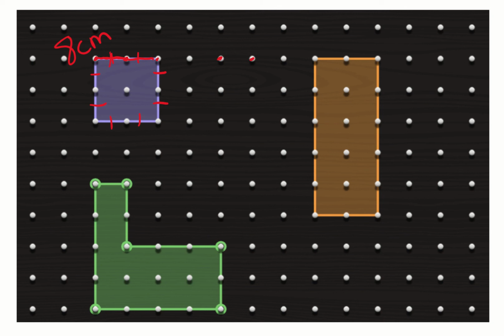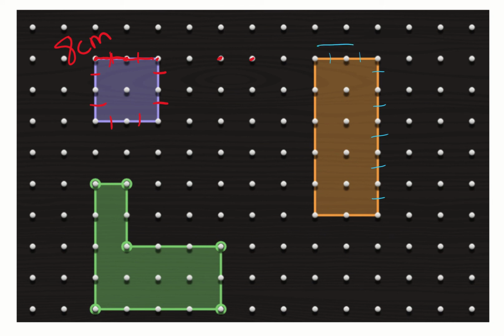So let's go over to this orange shape, again a quadrilateral, a rectangle, and figure out the perimeter of this shape. Again, I'm going to use my notches. 1, 2, 3, 4, 5, 6, 7. At that point, you can say, well, wait a minute.